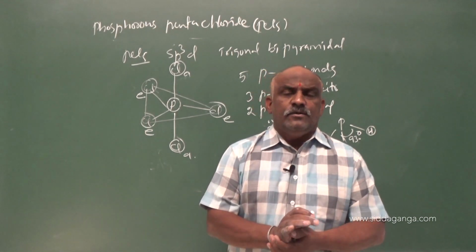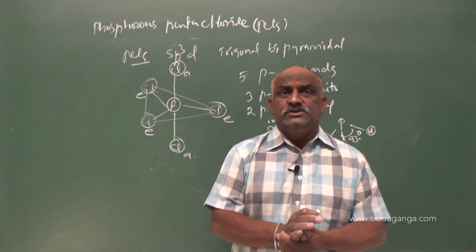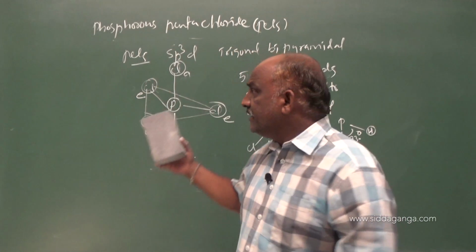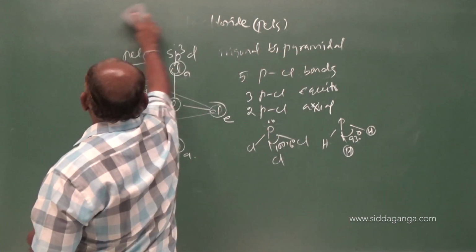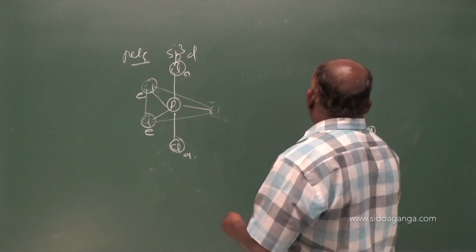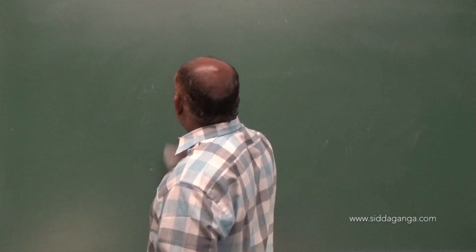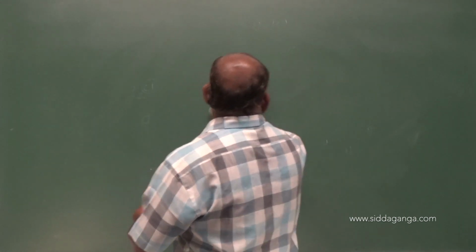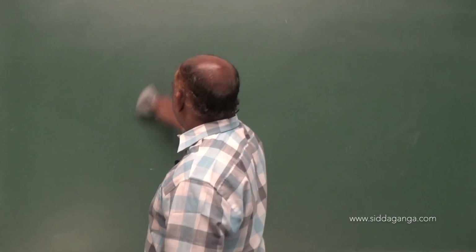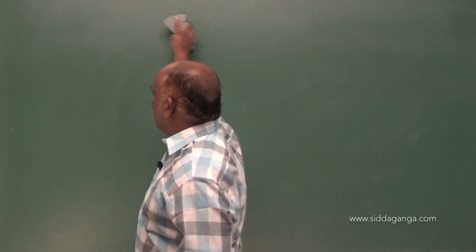So preparation, properties and uses of phosphorus pentachloride and its structure we also discussed. The last topic in this unit is oxyacids of phosphorus. We expect one question for the entrance exam on oxyacids of phosphorus, because we have to practice the structures. Structure practice is very, very important, and how to revise the structures is very important.